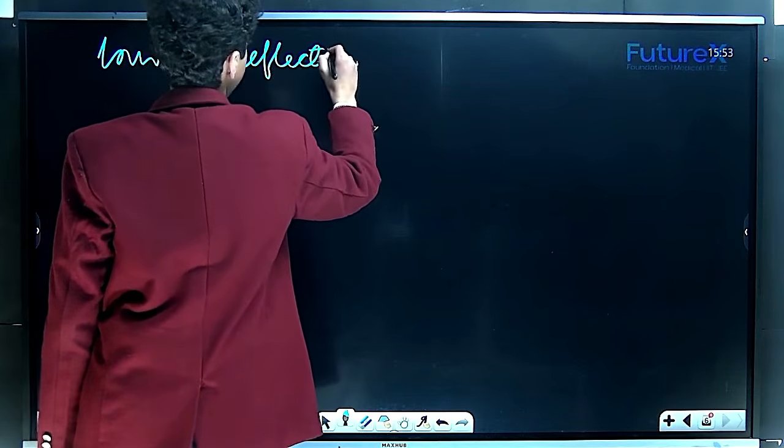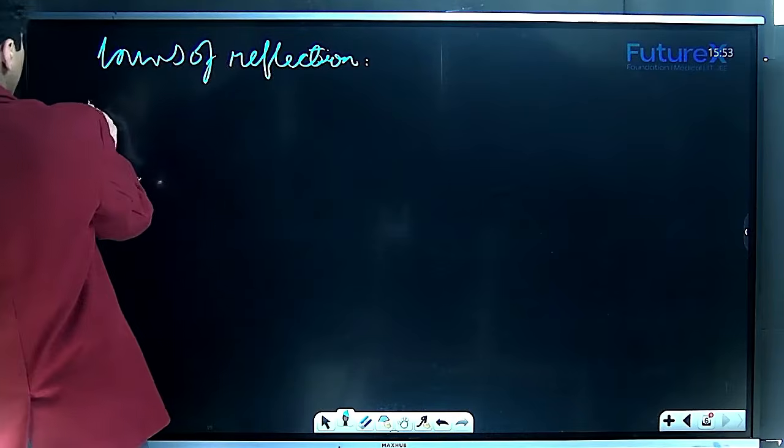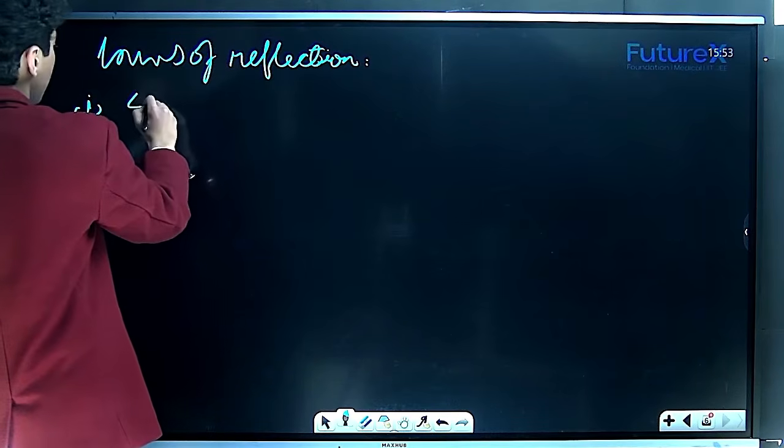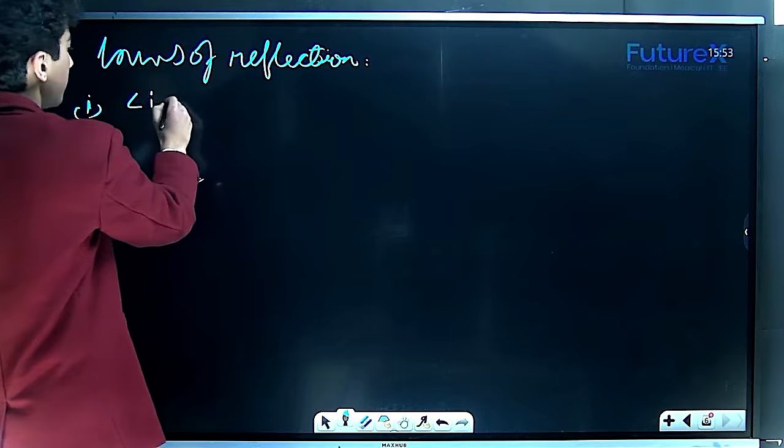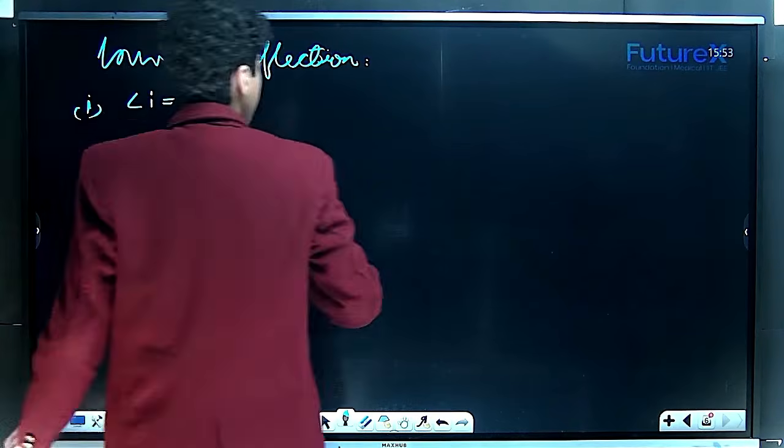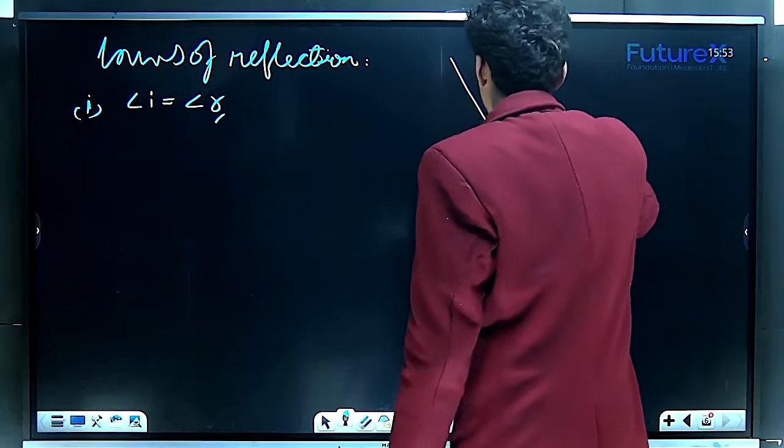What is the first law? The first law says that the angle of incidence, angle i, is always equal to the angle of reflection. I will draw the diagram here.